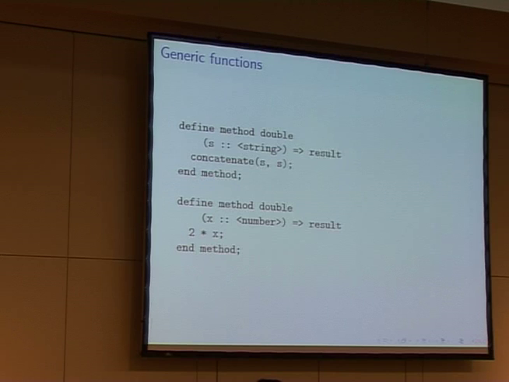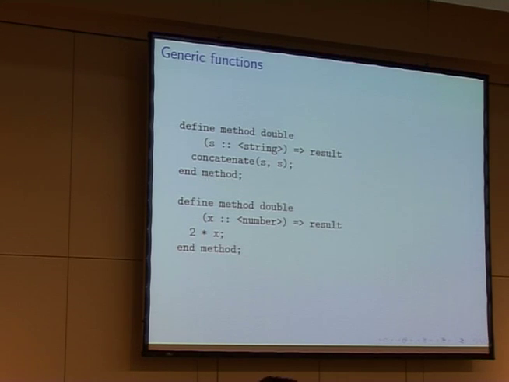Generic functions. It's what I mentioned when talking about multiple dispatch, that Dylan separates the idea of classes from the idea of functions. And a generic function is basically a collection of so-called methods for certain sets of parameters.